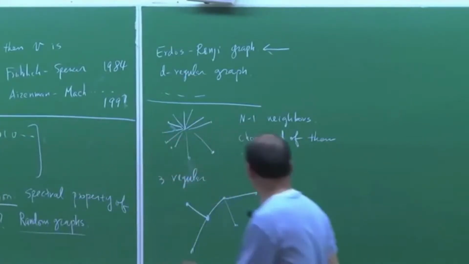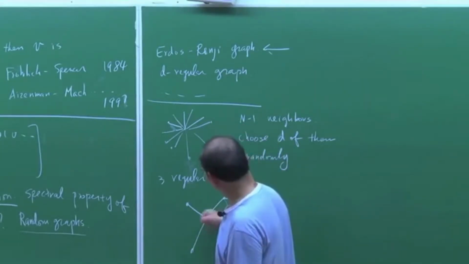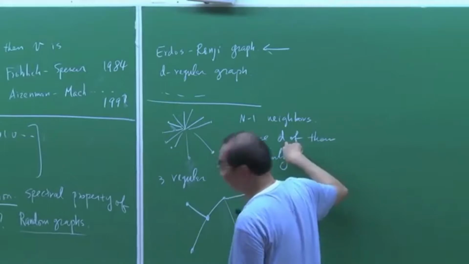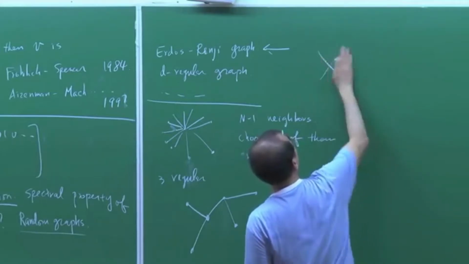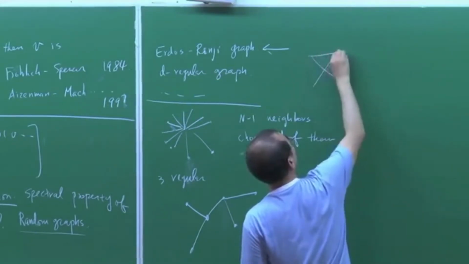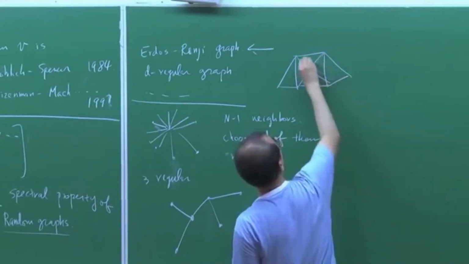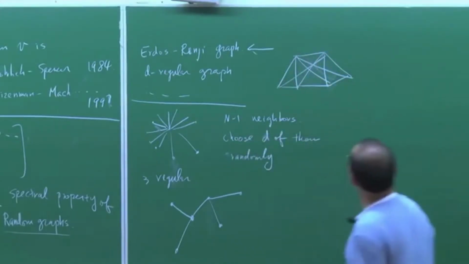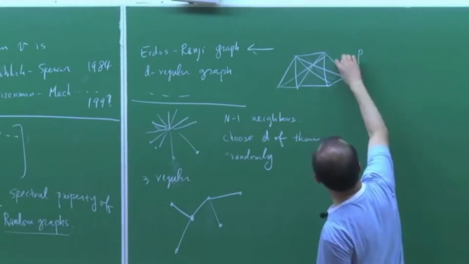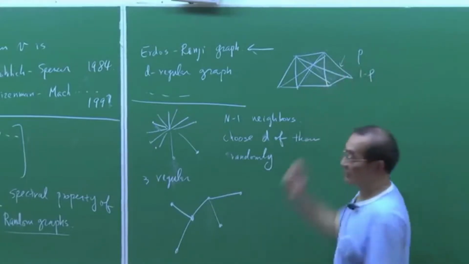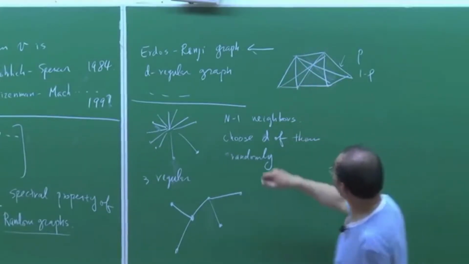You can think about it this way: you take a complete graph, which means all the edges are connected. Then with probability P, you choose an edge, and with probability 1 minus P, you don't choose this edge. You just completely randomly choose all these edges. And this is called the Erdős-Rényi graph.